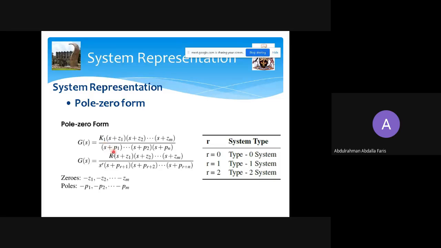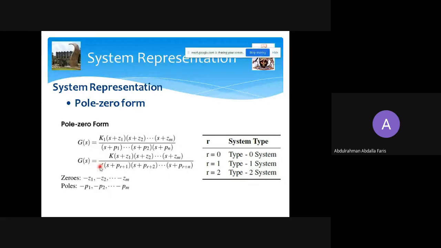And from here, we can factor s in the denominator such that we have s to the power of r, and then into brackets s plus p1, s plus p2, s plus p3. The good thing with this is that we can define a system with this integral, with this denominator s to the power of r.